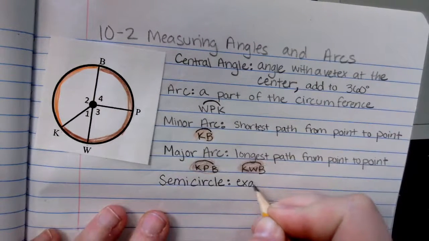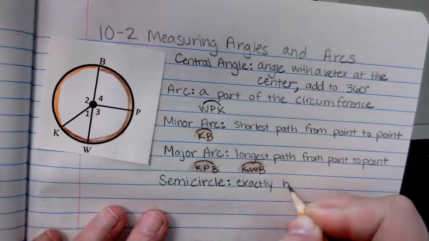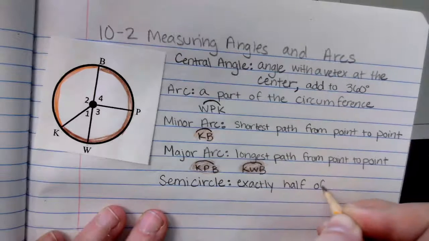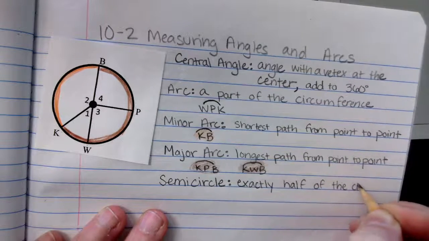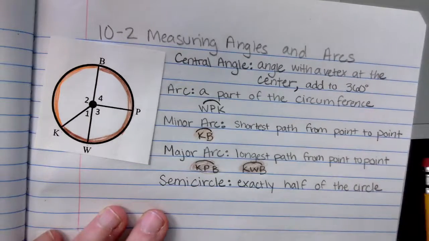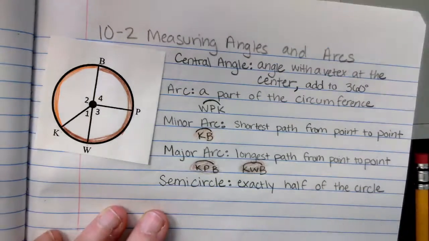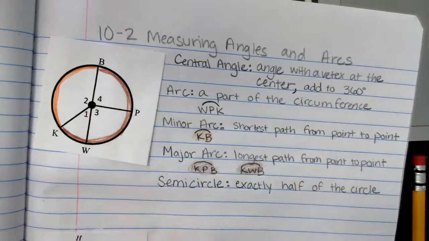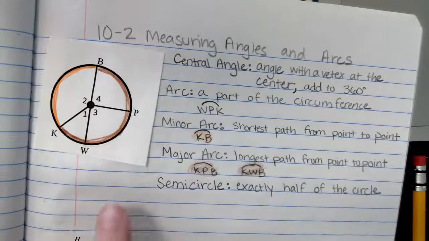So in our case, we said it was W to B. One semicircle would be W to P to B. Or we could go the other way, W, K, to B.